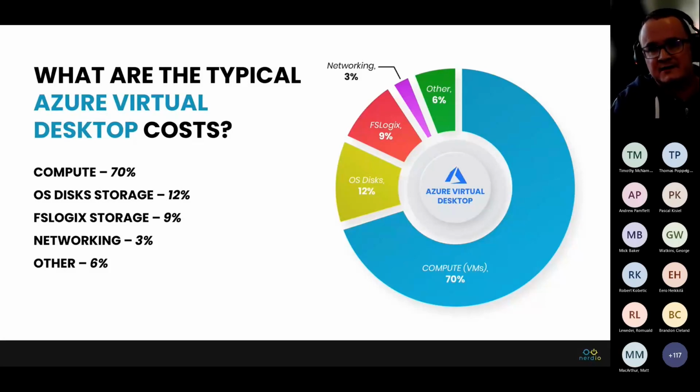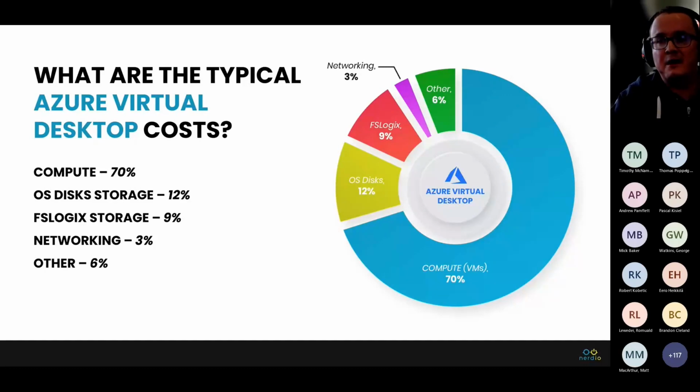The last thing you want is a load of GPU VMs running in your data center 24/7, because you're going to get a huge bill, and your chief financial officer is going to say, right, get rid of AVD, it's too expensive. So we need to make sure that we keep that cost under control, and I'll show you how we do that using our Azure Virtual Desktop auto scaling, which is extremely dynamic. It can really squeeze those extra cost savings out of the environment.